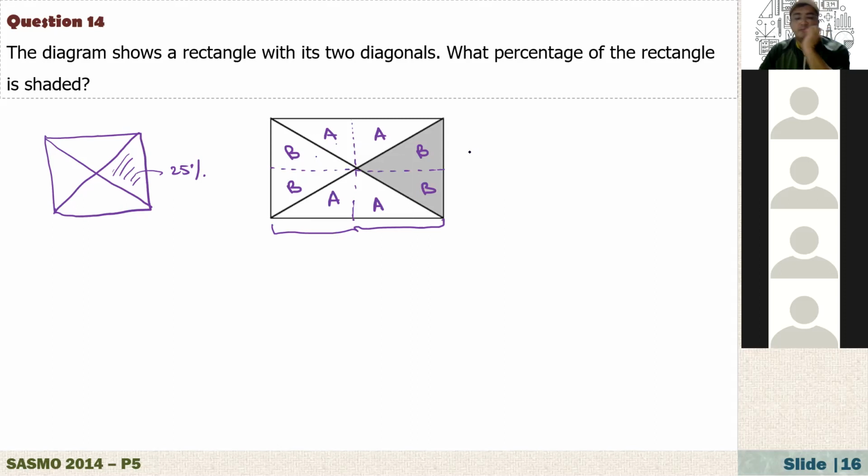So if A equals B, here you have 1, 2, 3, 4, 5, 6, 7, 8. 25%. Really?